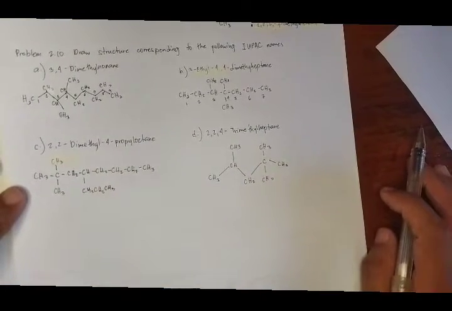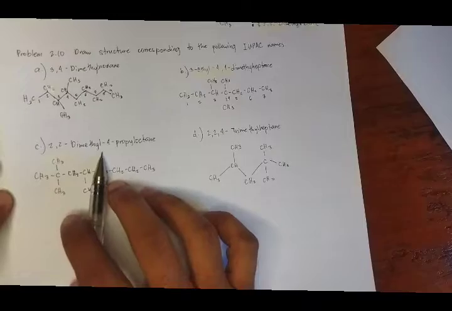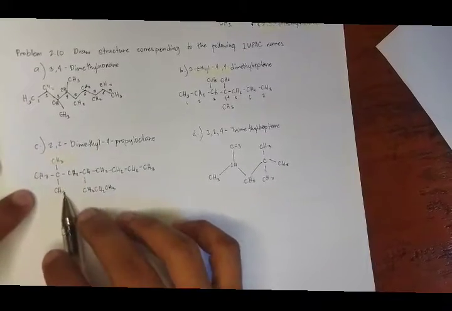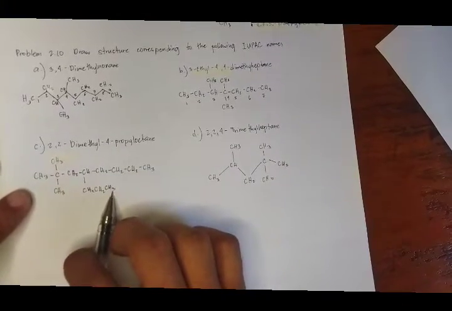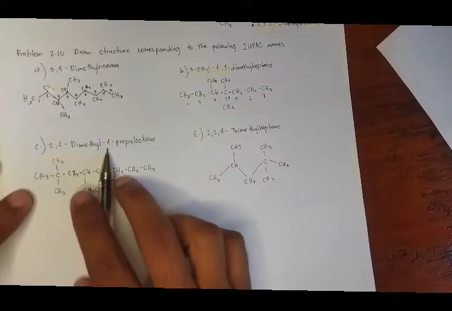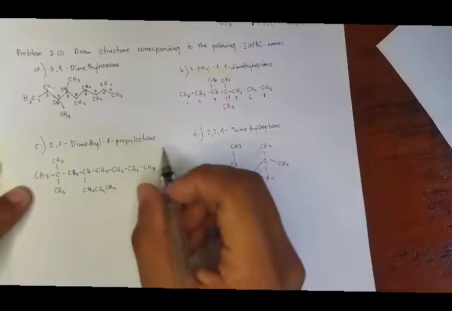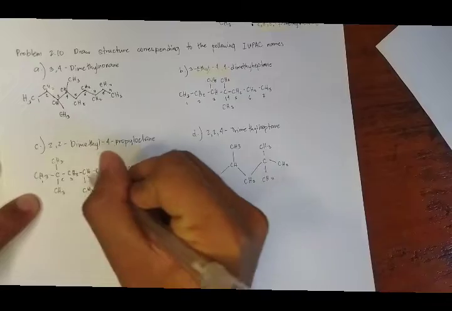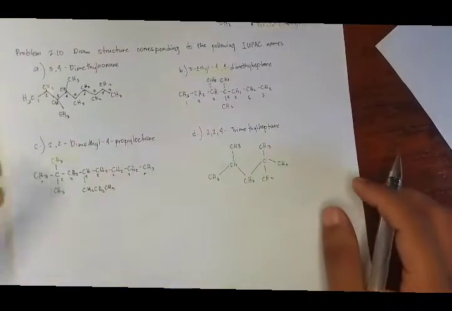So since it would be dimethyl, which is 2, on the second carbon, there would be 2 chain, so that's CH3, and the propyl, which is CH2, CH2, and CH3, which is bonded on the fourth carbon. So we will number the carbon chain. Since it's octane, that would be 8. 1, 2, 3, 4, 5, 6, 7, 8, 4 octane.